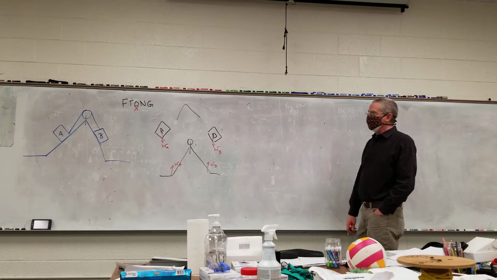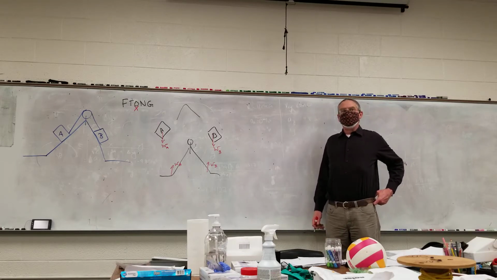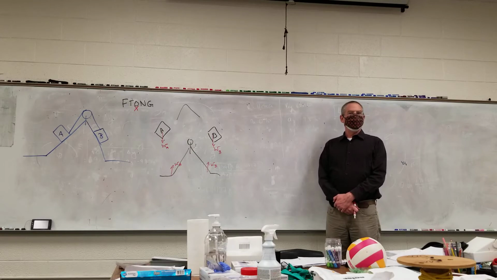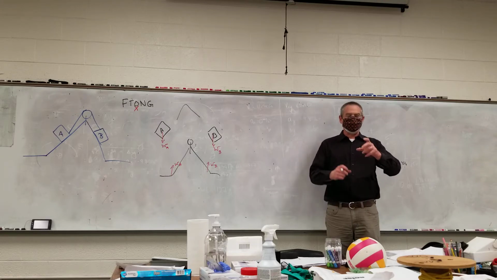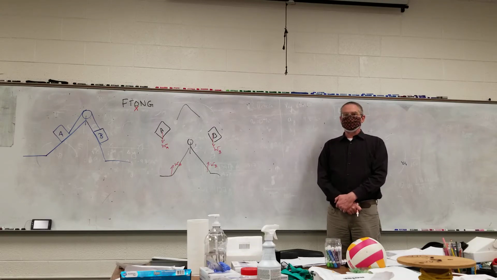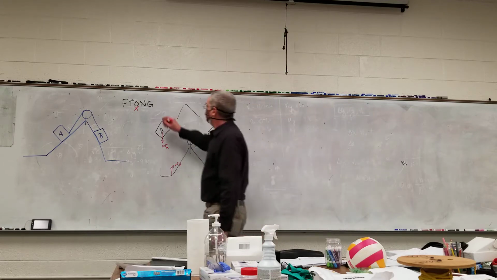Assume an ideal rope and an ideal pulley. If we did have friction between the rope and pulley, the rope would have to be broken up into 2 pieces. But all right, so that's it. Boom.